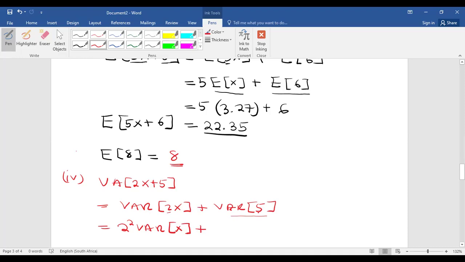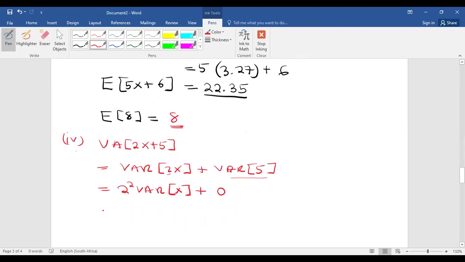The variance of 5 is 0. Variance of a constant, if that constant does not contain x, is simply 0. Then what we are looking for is 2 squared, which gives 4 times variance of x.